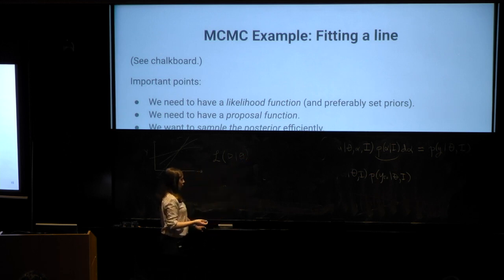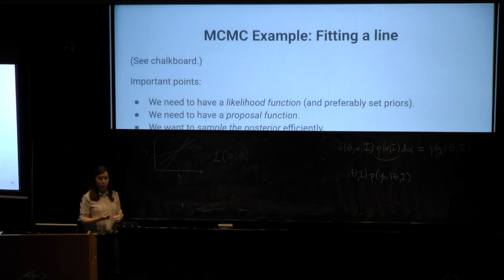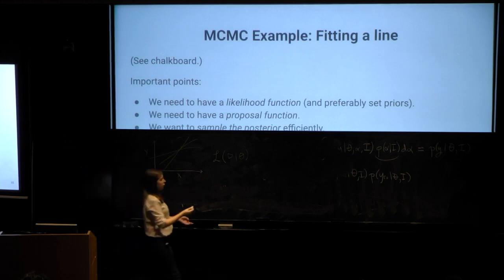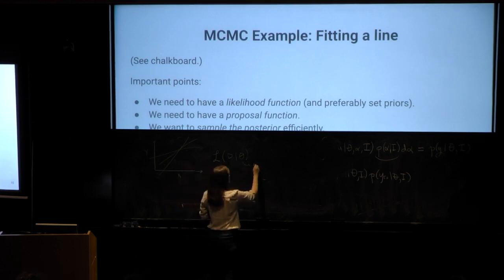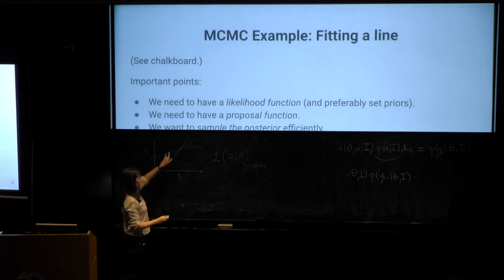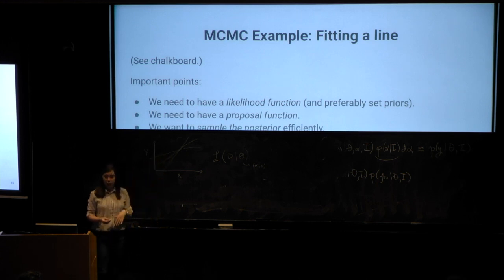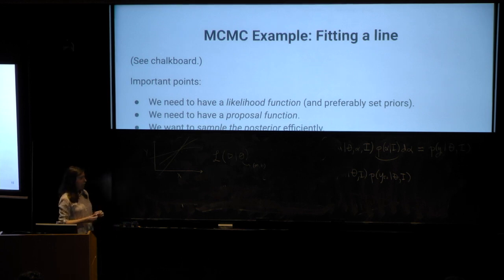We can write down a goodness of fit of this line by taking our parameters M and B, calculating what our predicted value is, what the green line is for a given M and B, and what the distance is between that line and the actual data, and that gives us a goodness of fit.